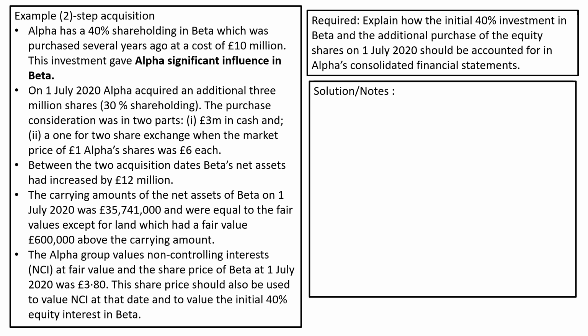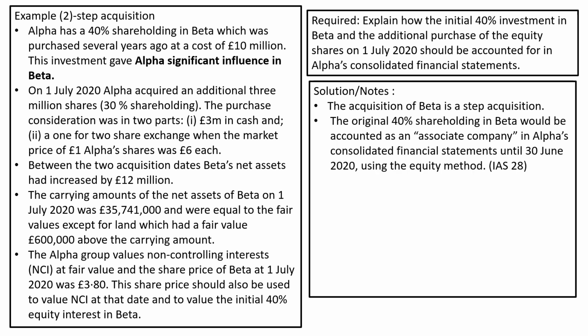Right, the solution. Number one, the acquisition of Beta is a step acquisition. We move from a non-controlling stake of 40% to a controlling stake of 70% in Beta on 1st of July 2020.